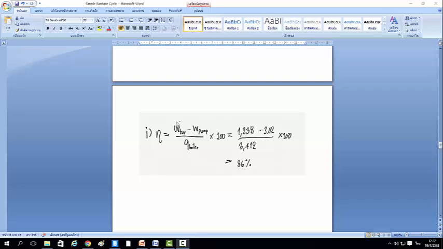This equation comes from work out divided by work in, or output divided by work input. The input in this problem is the boiler, and the output is the work turbine and work pump.